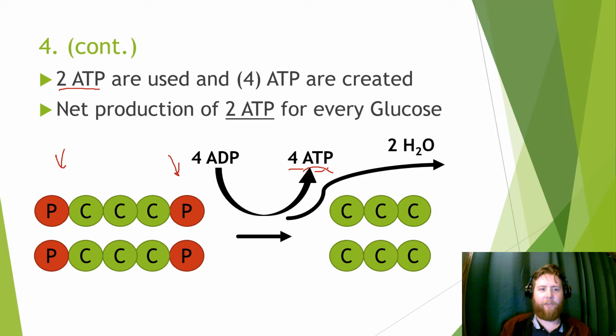That means that we actually made 2 brand new ATP, and we recycled 2 ATP. So glycolysis creates 2 ATP for every glucose. This is important. We're going to talk about why it's way better to use all of cellular respiration instead of just glycolysis, but this is a good start.